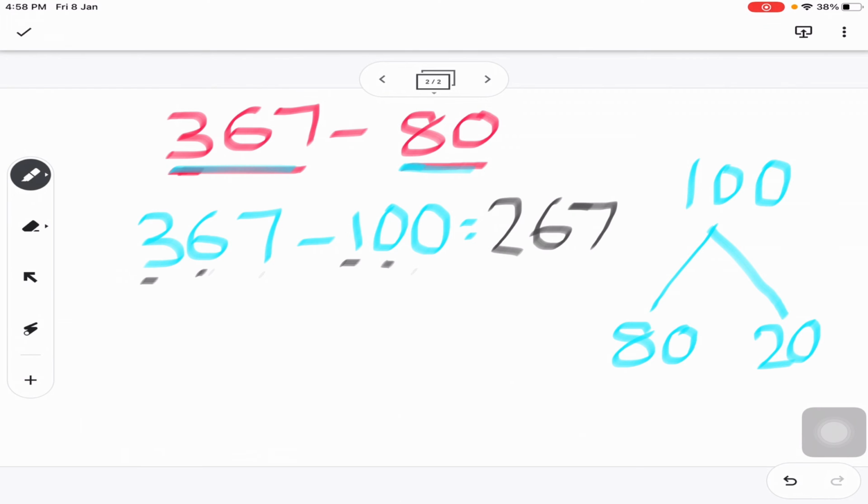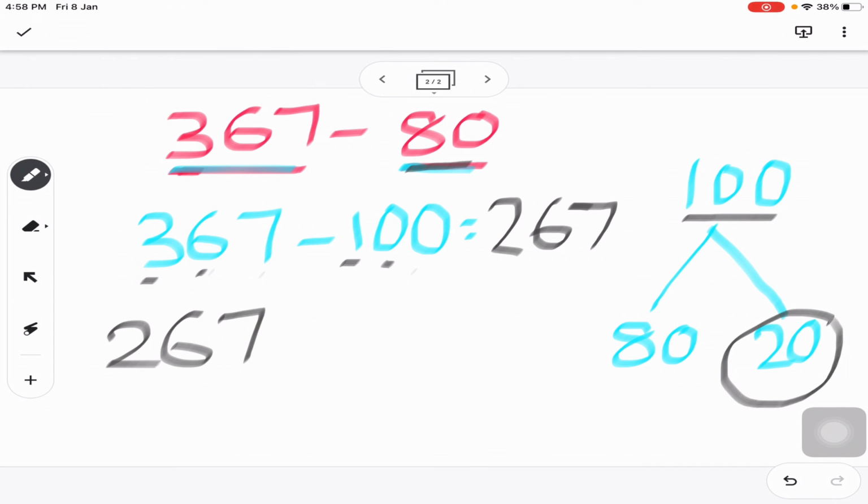But you might be wondering, I'm supposed to subtract 80, but I subtracted 100. I have subtracted 20 more. So, yes, you're right. I have subtracted 20 more. So, you can give back that 20 by adding 20 to this number.